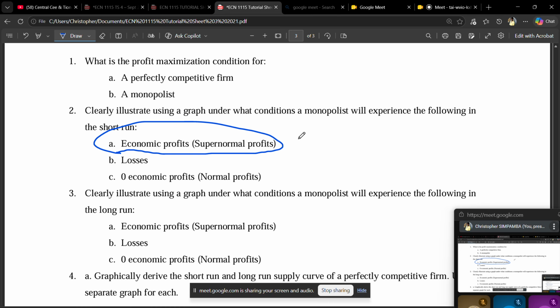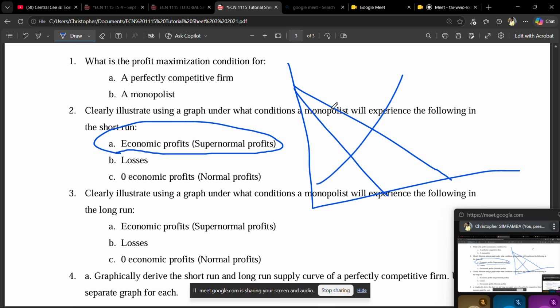The conditions are the same as under perfect competition. You draw a graph like that, with your demand curve like that. Your price can be somewhere here, and for it to make supernormal profits, average total cost must be below the market price.